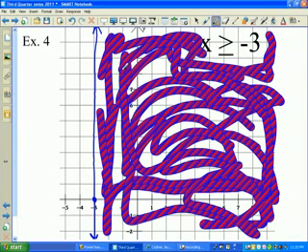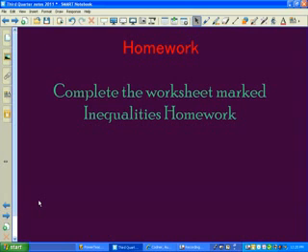I did get another website just in case you're not quite getting these. Please don't hesitate to contact me. For homework, you're going to complete inequalities homework number 1, which I'll have on the website. We're going to try to work all these things out.